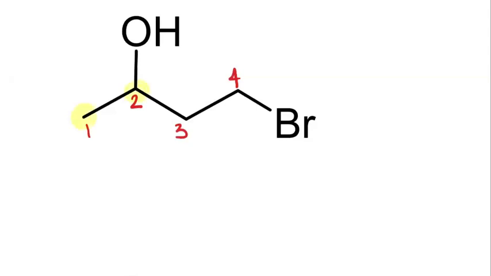Carbon number 1, 2, 3, 4. Since I have 4 carbon atoms, that's why this is butane. But because it's an alcohol, this is butanol.